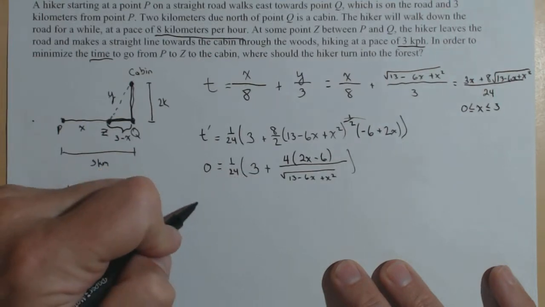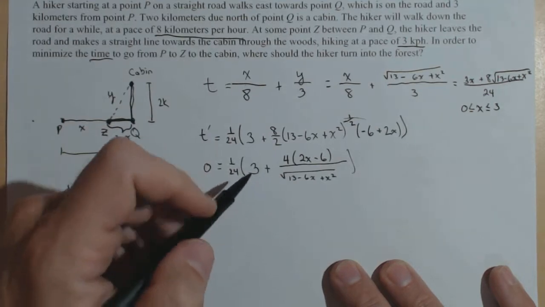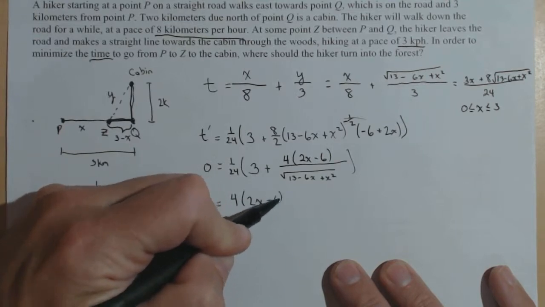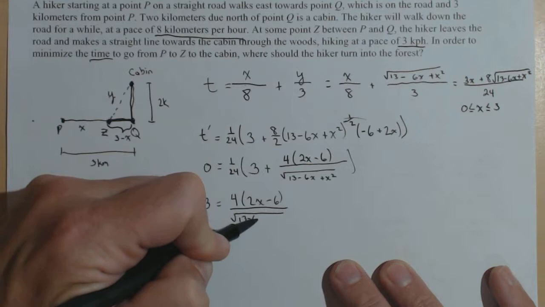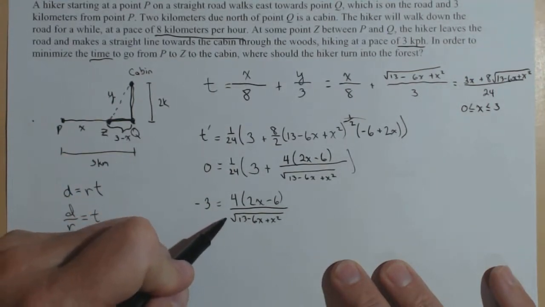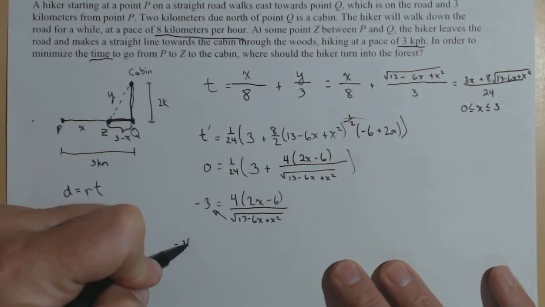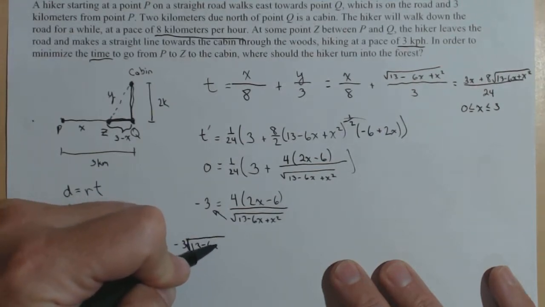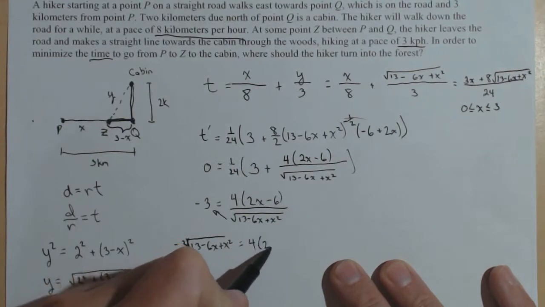So first thing I can do is move the 3 across, so minus 3 equals our fraction here, 4 times 2x minus 6 over the square root of 13 minus 6x plus x squared. And next, I'll cross multiply that radical. So I have minus 3 times the square root of 13 minus 6x plus x squared equals 4 times 2x minus 6.